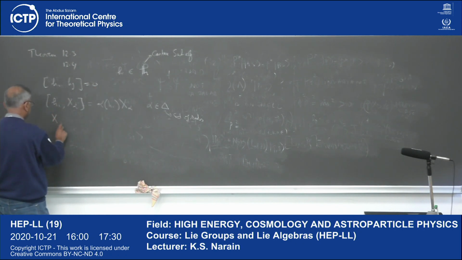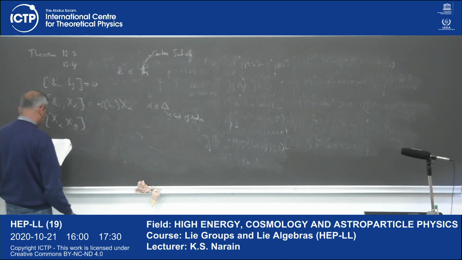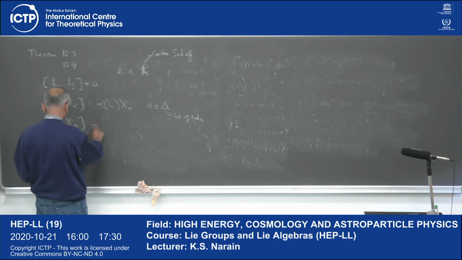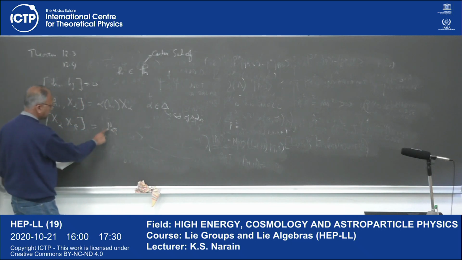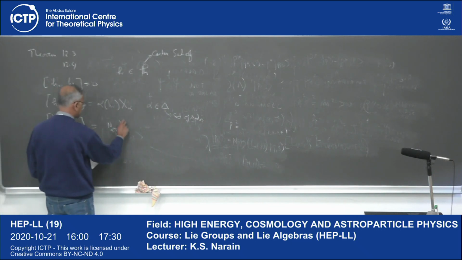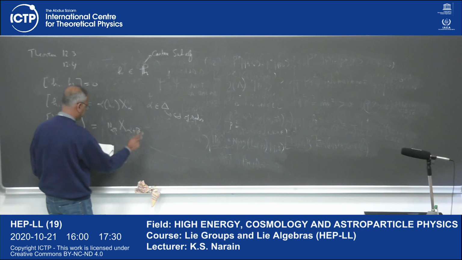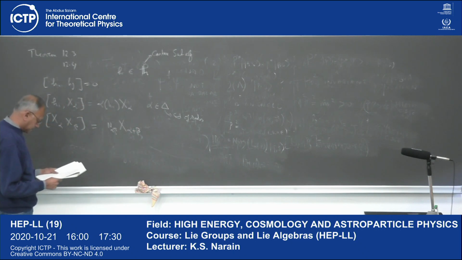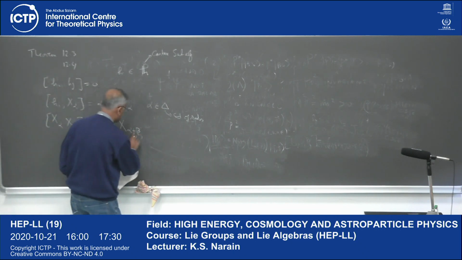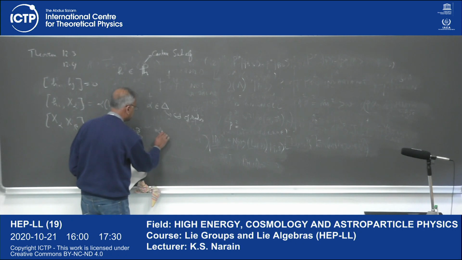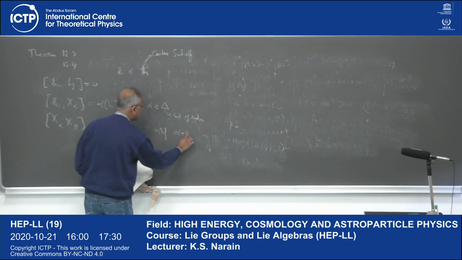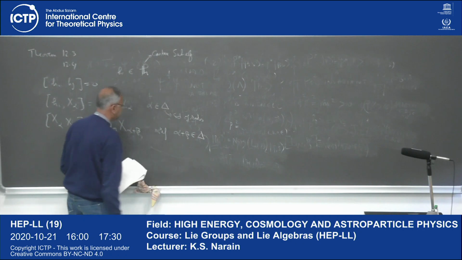And finally, [X_alpha, X_beta], also we learned that this is equal to some number, which we don't know what number is, times X_{alpha+beta}, if alpha plus beta belongs to delta.